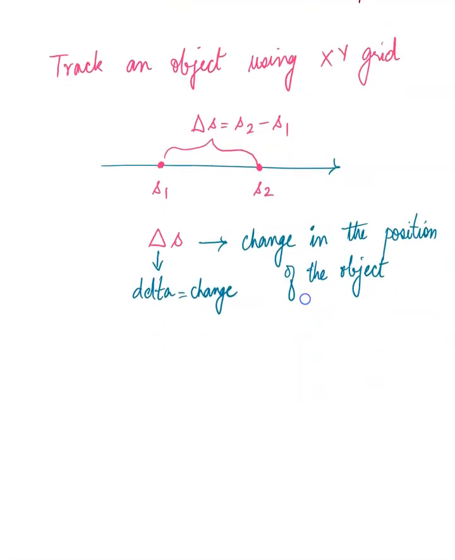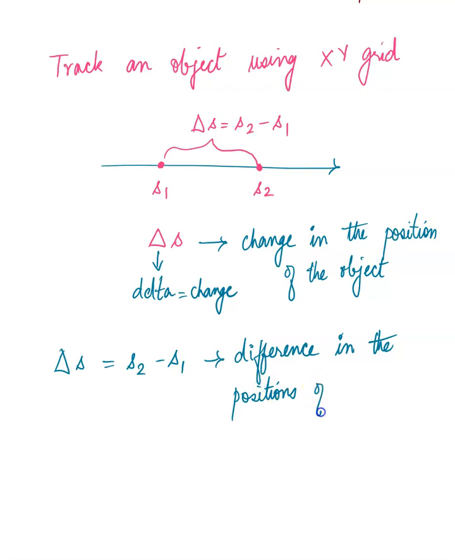So this delta S, let me write that out here, which is S2 minus S1, is the difference in the positions of the object. And there's a name for this delta S. It's known as the displacement. Delta S is called the displacement.